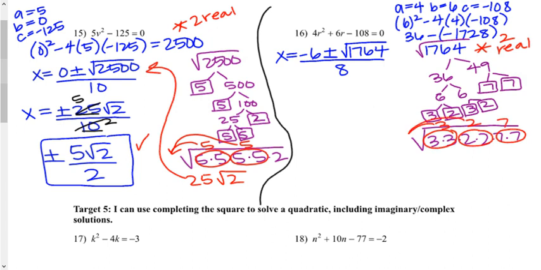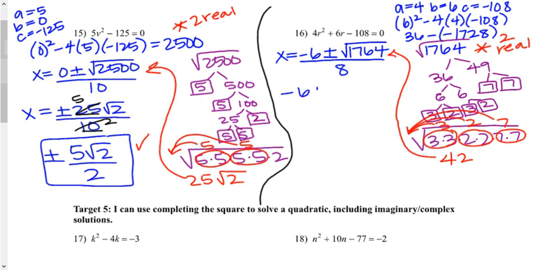I put them all out front and I have nothing left over. 3 times 2 times 7 is 42. And I have nothing left in the square root, which means that 1764 was actually a perfect square. 42 times 42 gives you 1764. You could have done that right off the bat, or you could follow the steps that I just did, and it'll work out either way if you do it correctly.